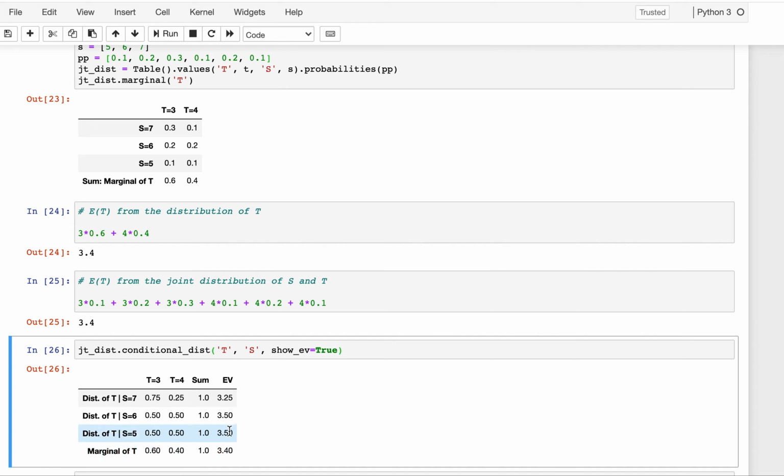So we understand each row, but surely there has to be a relation between this unconditional 3.4 and these conditional 3.5, 3.5, and 3.25. This 3.4 looks like it's some kind of average of these 3 numbers. What kind of average? Clearly a weighted average. And what are the weights?